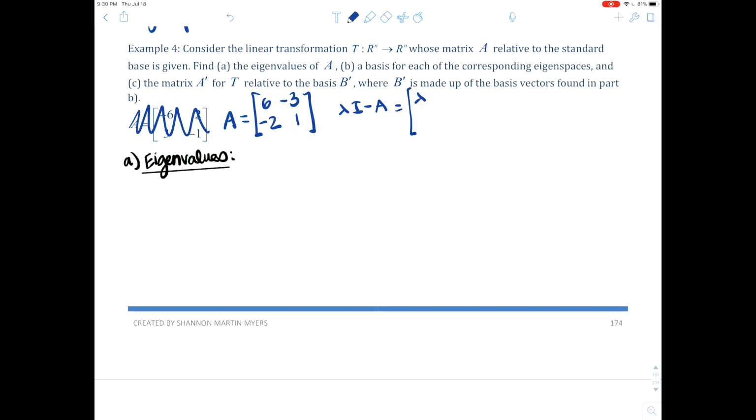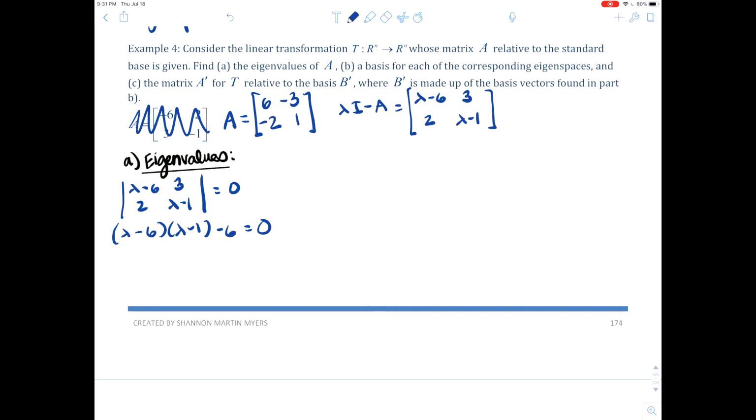Lambda minus 6, and then it'll switch this to positive 3, and then positive 2, and then we'll have lambda minus 1. And so then finding the determinant of that, remember we're solving this equation, lambda minus 6, 3, 2, lambda minus 1, the determinant of all that equal to 0. So what are we going to get? Lambda minus 6 times lambda minus 1 minus 6 is equal to 0.